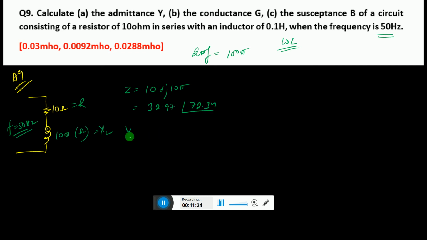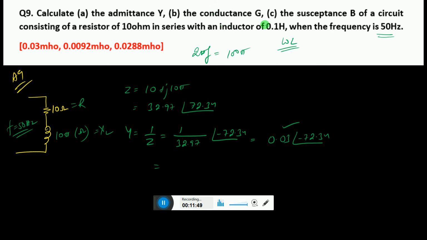And the value of Y is obviously 1 by Z, 1 by 32.97. This angle will obviously go up, it is minus 72.34, so 0.03 angle minus 72.34.